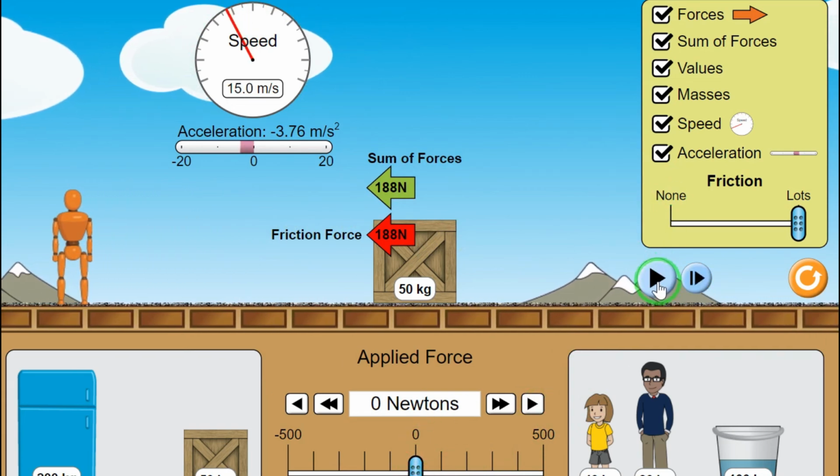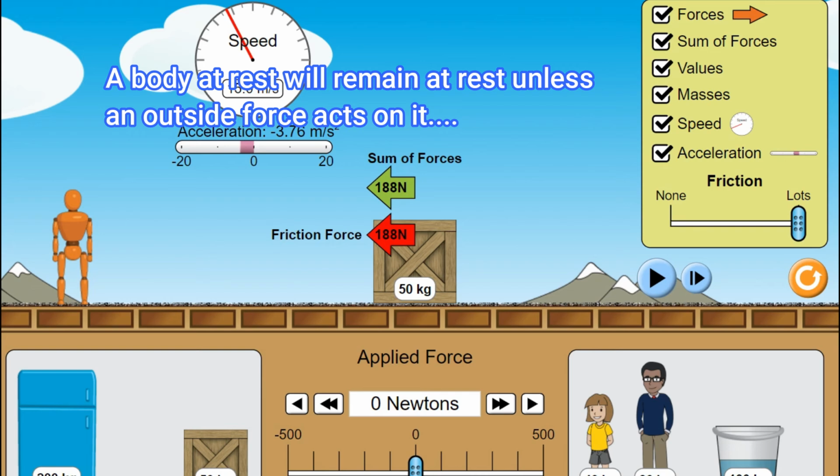It's a property of the body, right? So this is one point. And what is that point? A body which is at rest continues to be at rest unless and until a force is applied on it, right? So please remember this point. We'll go for the next point now.